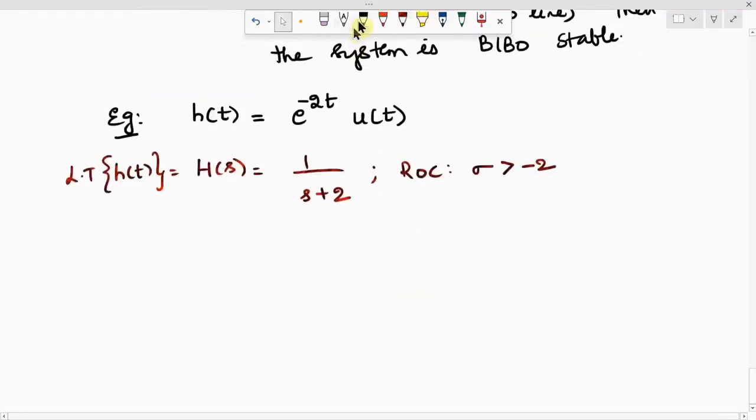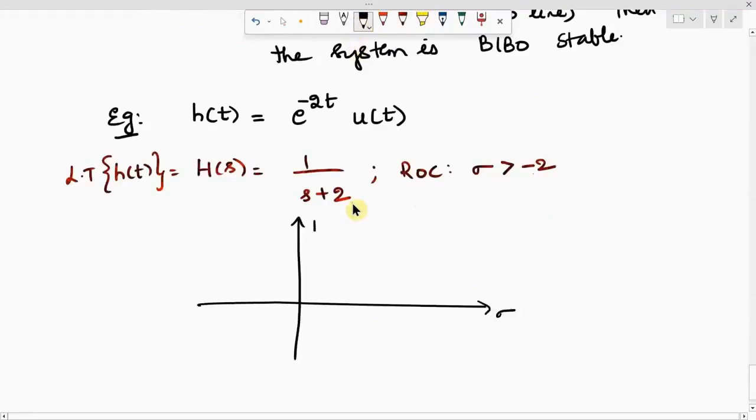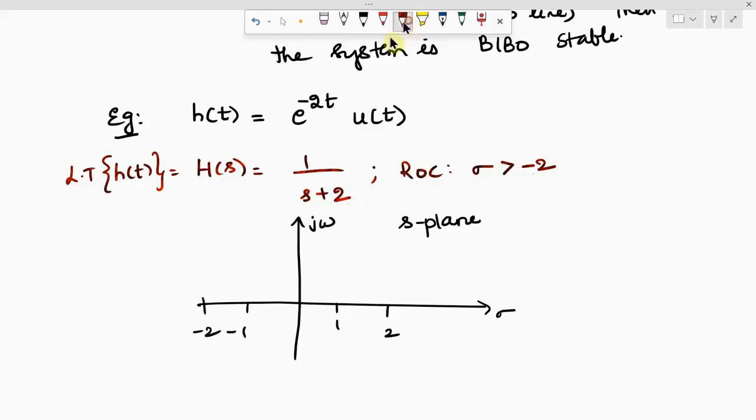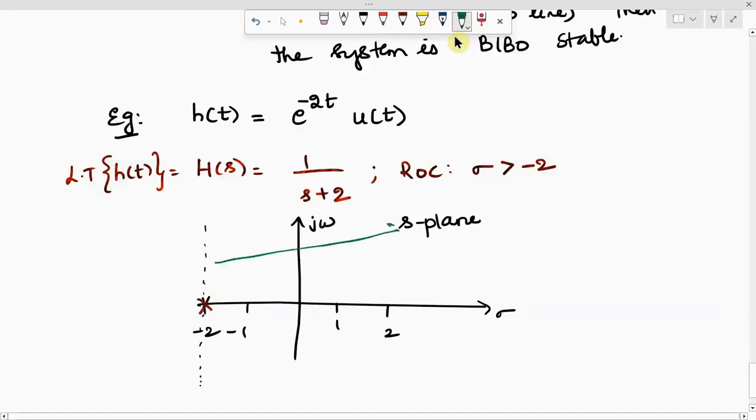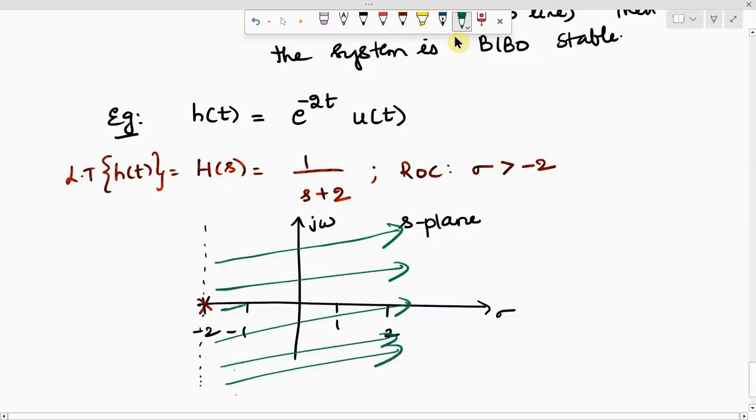Now let me plot this in the S plane. Real axis, imaginary axis. So see it as S plane. When you have a real pole at s equal to minus 2, I'm representing that pole location here. Now you can see that ROC is sigma greater than minus 2, like this. Now what is the range of sigma here in this case?